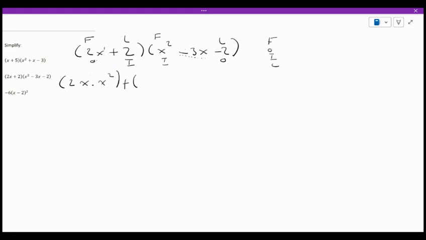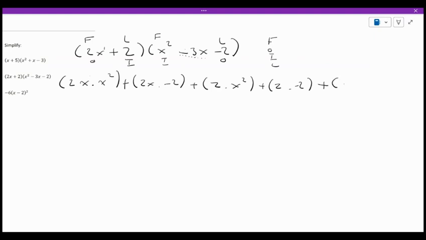And then we have O, which is 2x times negative 2, plus with our I's, we have 2 times x squared, plus our L's, which is our lasts: 2 times negative 2, plus special case. 2x times the x squared, 2x times the negative 2, but it hasn't been multiplied with this negative 3x.